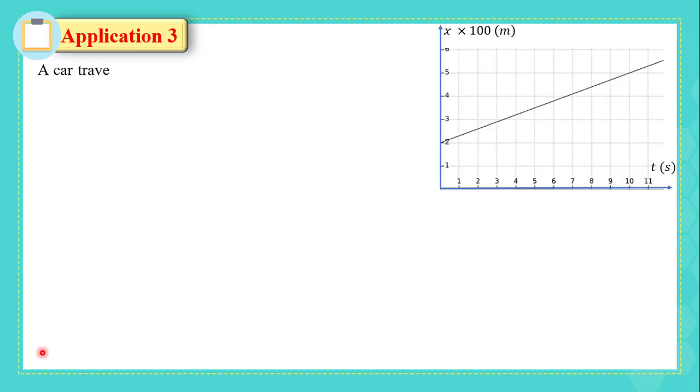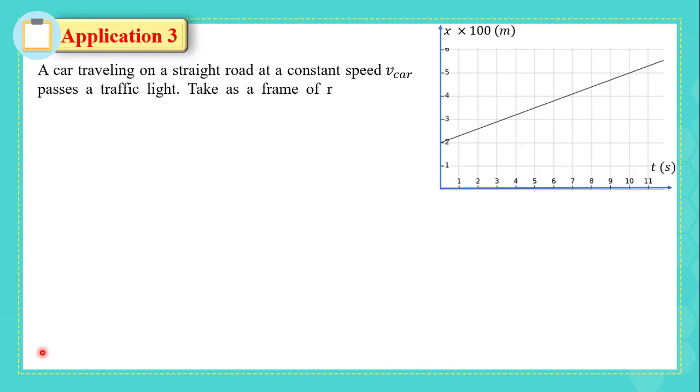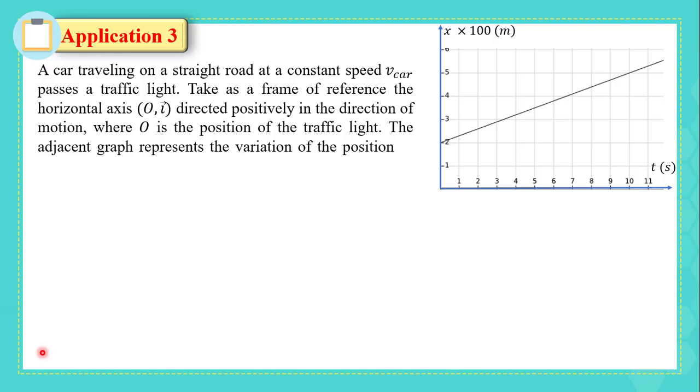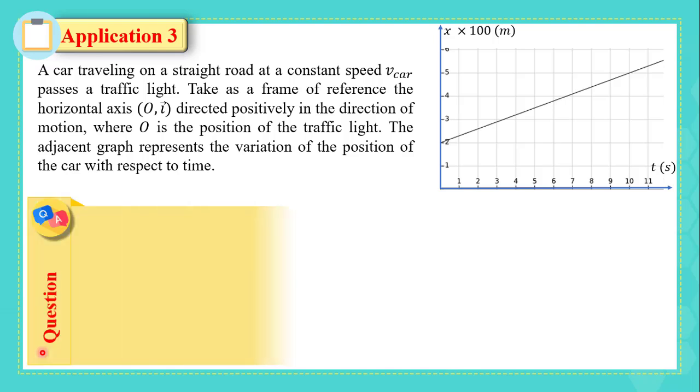In this application, a car traveling on a straight road at a constant speed passes a traffic light. Take as a frame of reference the horizontal axis OI directed positively in the direction of motion, where O is the position of the traffic light. The adjacent graph represents the variation of the position of the car with respect to time.